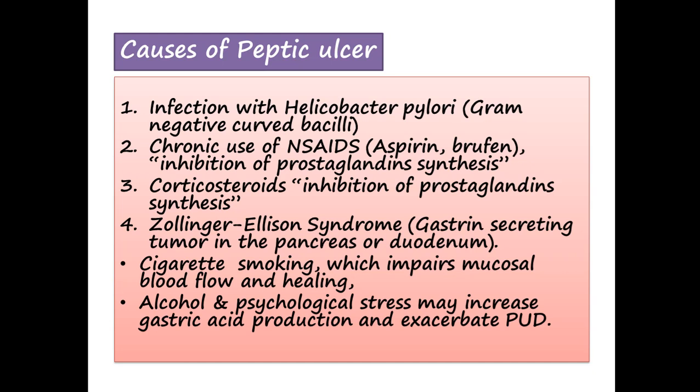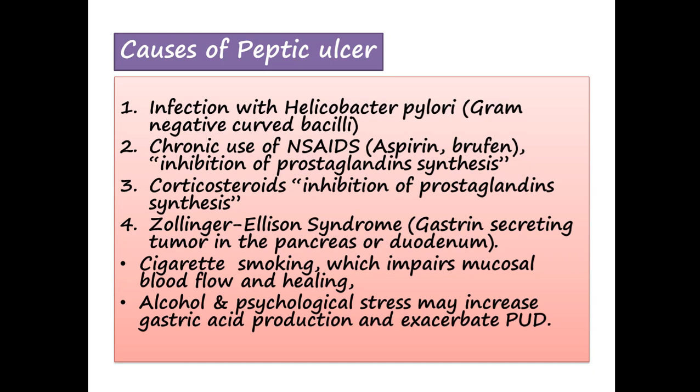And here what happens is that these NSAIDs promote peptic ulcer disease, and their mechanism is the inhibition of prostaglandin synthesis and their direct chemical effects on the gastric and duodenal mucosa. We discuss NSAIDs in a little more detail in the next slide.